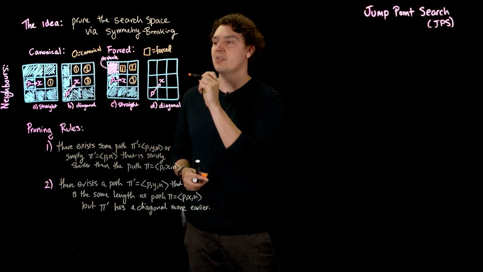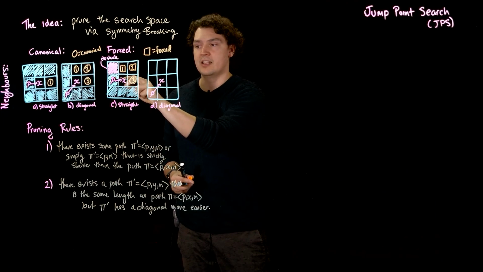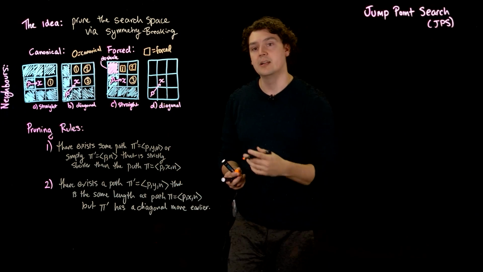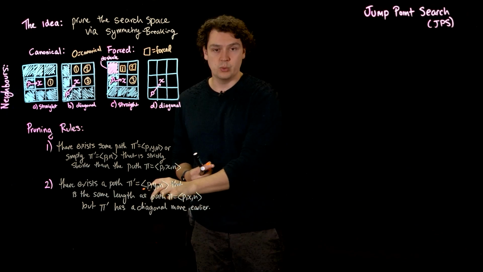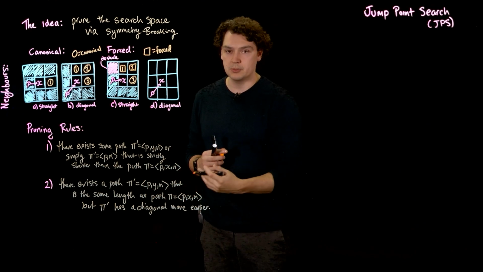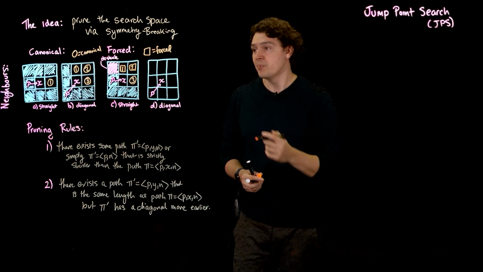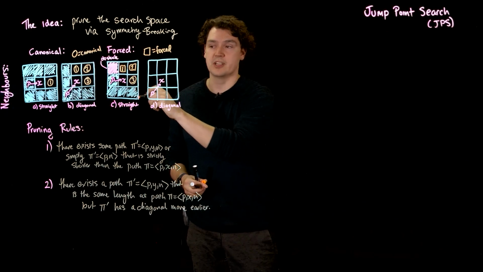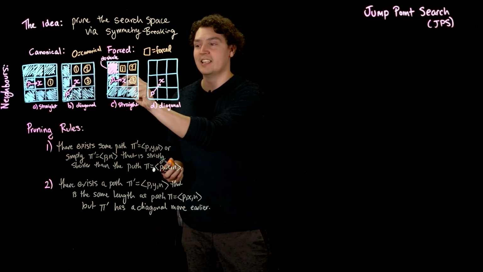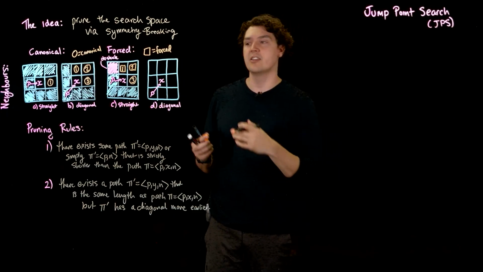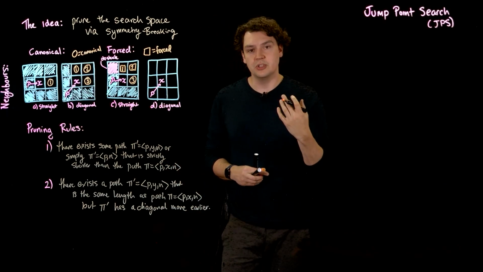Well, node 2, the move from P to 1 is now disallowed, which means that that was the equivalent cost path that had the diagonal move earlier. But now, because there's an obstacle there, it means that essentially you have to go through X. X is now the best version of the path. It's a forced neighbor. We also have to stop.